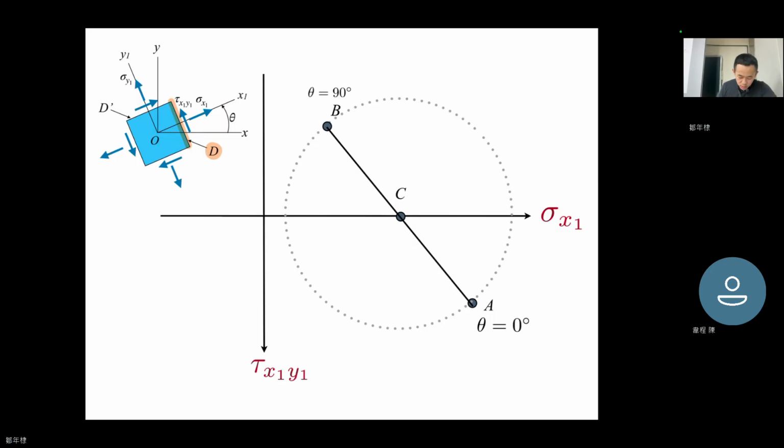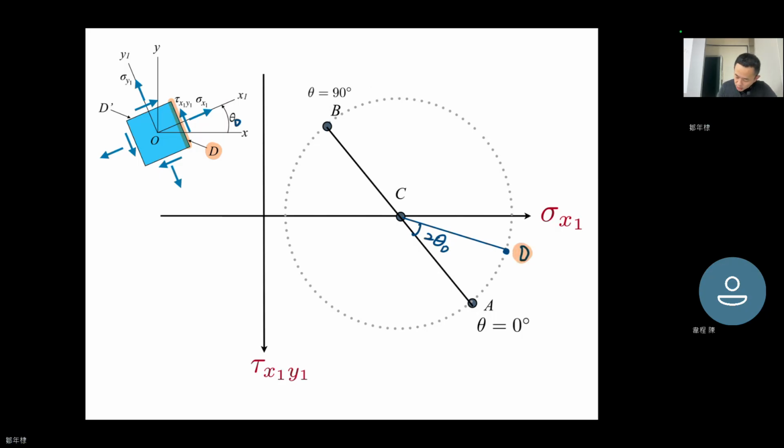So you have theta D. You rotate theta D. All you need to do is rotate to theta D in the Mohr circle world. Okay, and you can get point D.